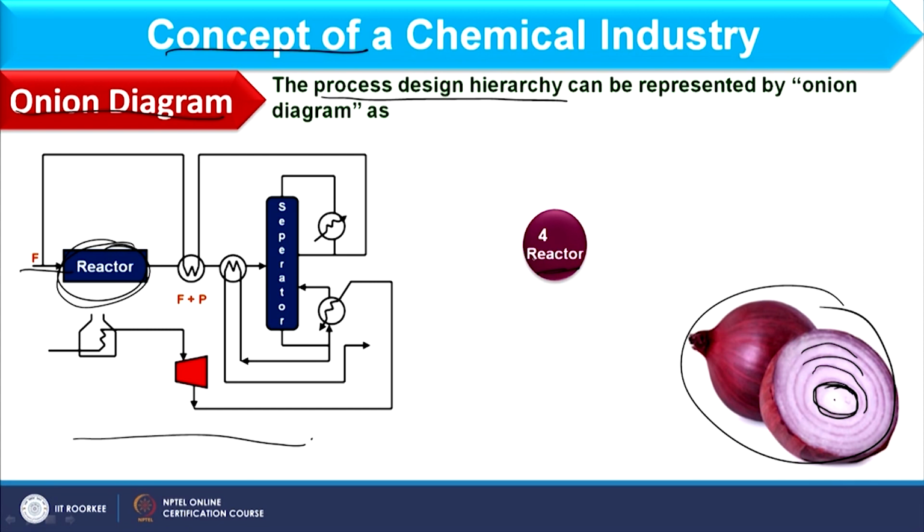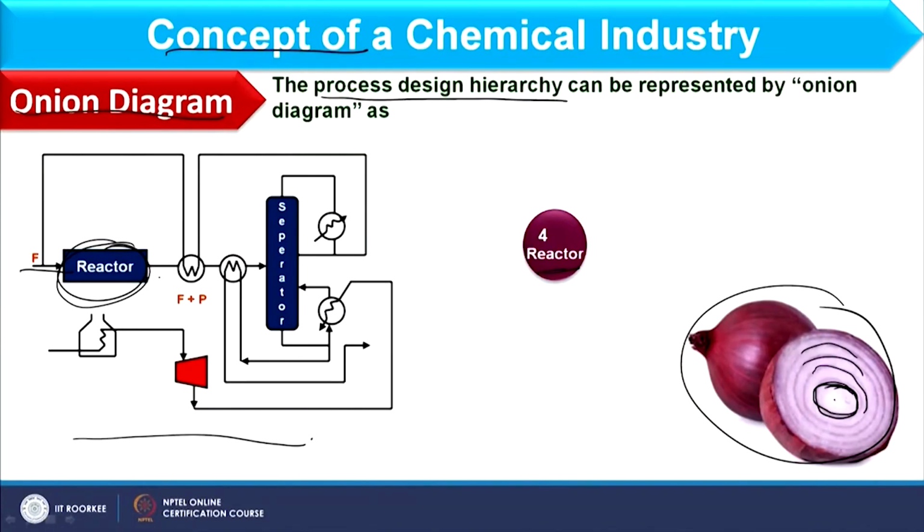Now once I have the reaction A plus B in a reactor, I get production of C and D. If you focus on this PFD, here I have the reactor, and the product that is formed enters this separator, where the products are recovered from the top and bottom.